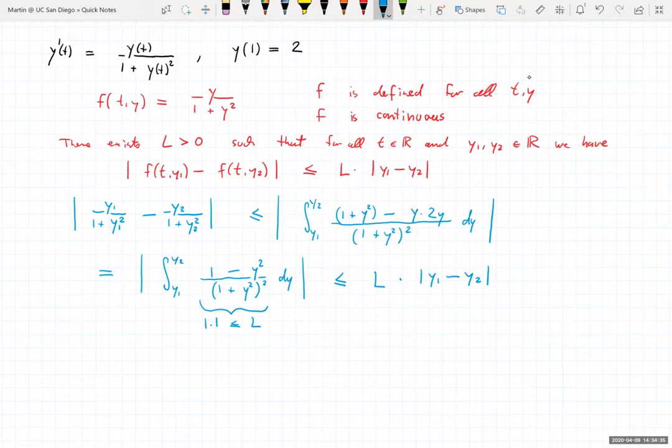And inside the threshold, it will assume some maximum value, which we call L. So whatever this maximum value is, we know that this fraction is bounded for all y, no matter how small or large y is.